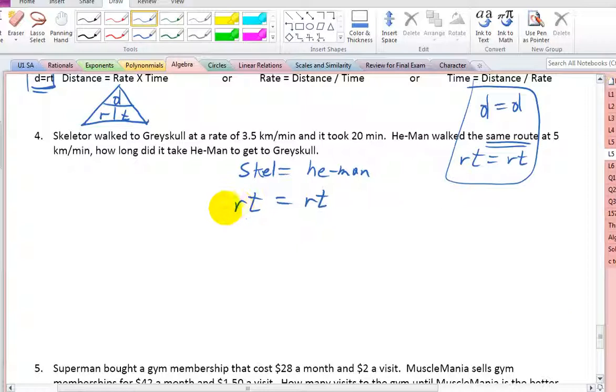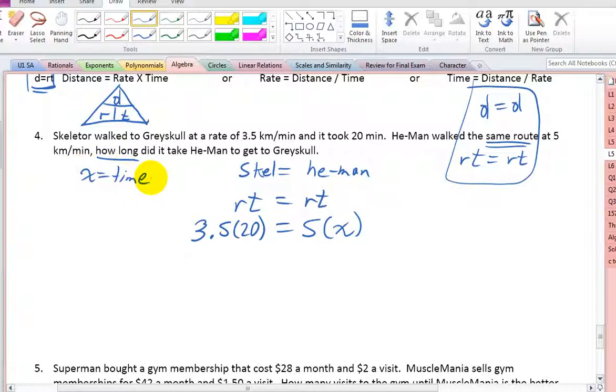So Skeletor would be 3.5 times 20. And He-Man was 5 kilometers per hour. And how long did it take him to get there? So X is the time.